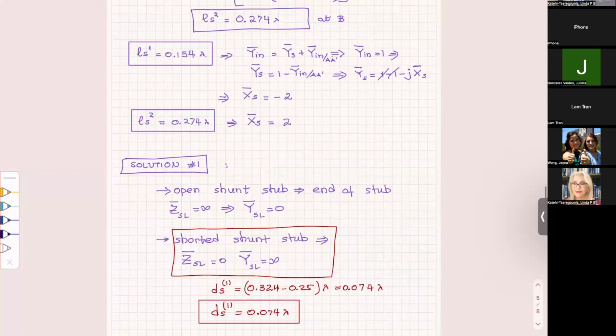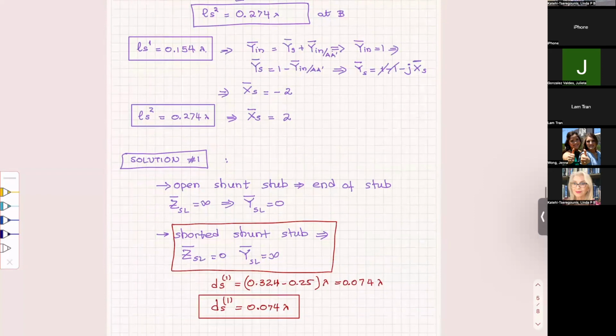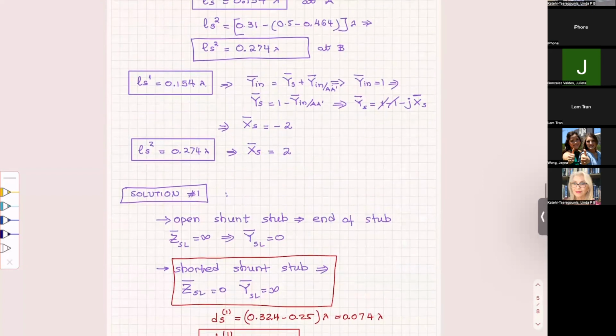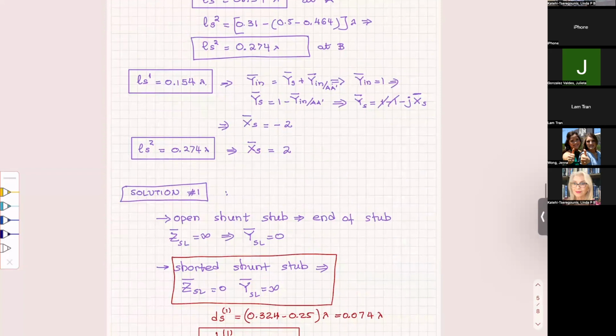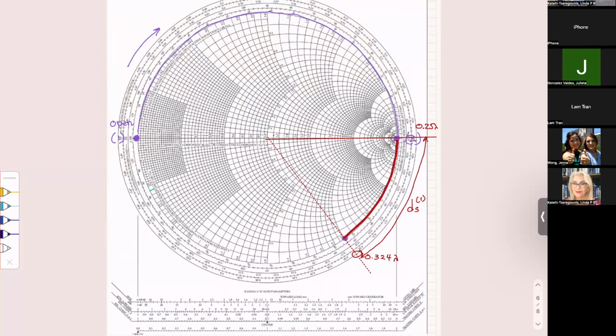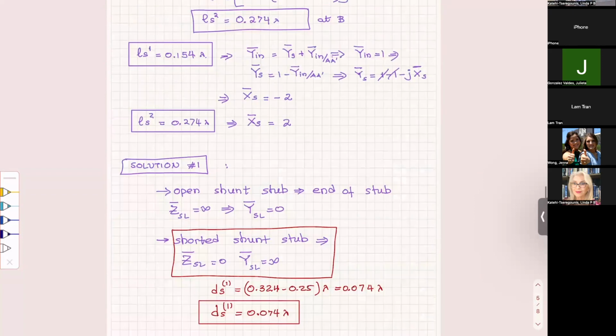And you can go for solution 2, which is 2x up here. So solution 2, this is solution 1, open or short. You can do a similar thing for this one too.